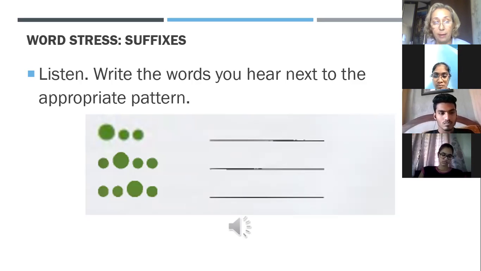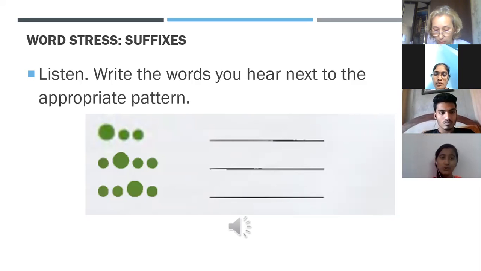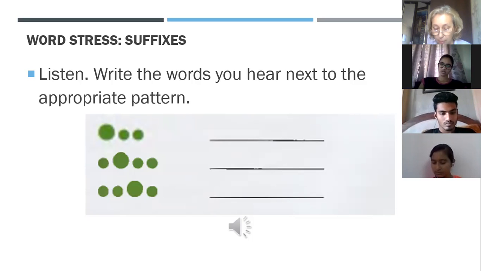Okay. Is this the only word that should be written on the second line? We have I think gastroscopy and gastrectomy, ma'am. Gastroscopy, gastrectomy, and endoscopy. The stress is on the second syllable.